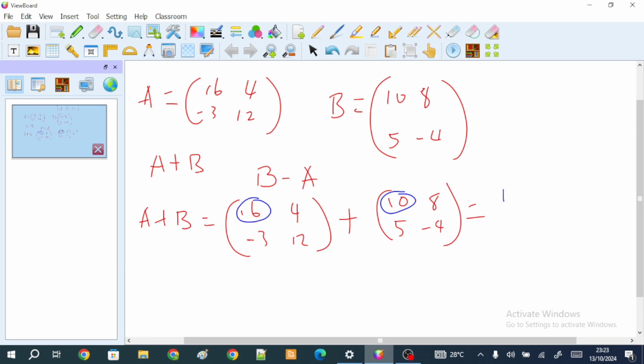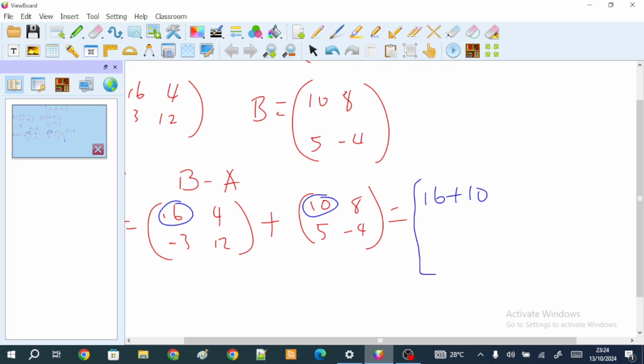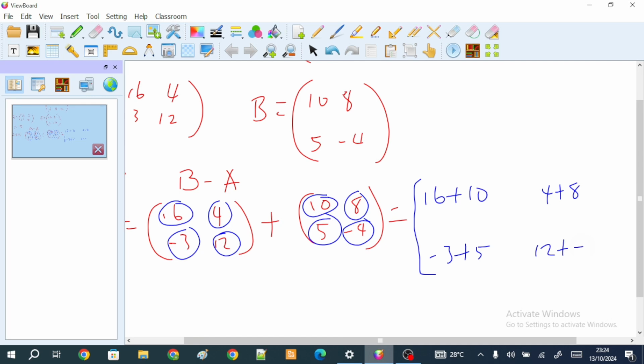So we have 16 plus 10 at position 1 1. Okay, so we add elements at position 1 2, row 1 and column 2. So we have 4 plus 8. This is position 2 1 and position 2 1, minus 3 plus 5. This is position 2 2 and position 2 2. We have 12 plus minus 4.